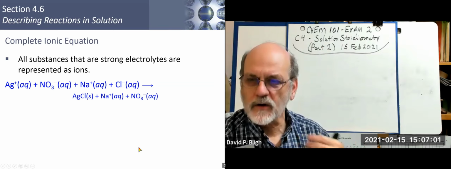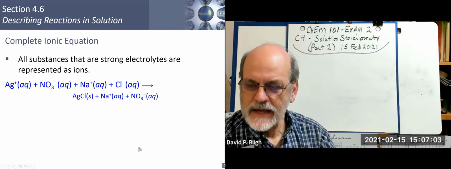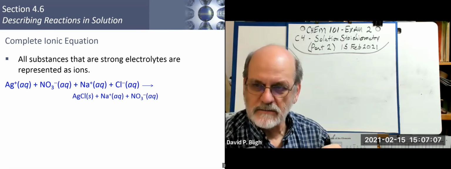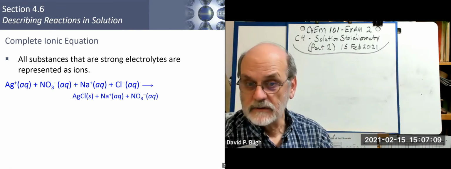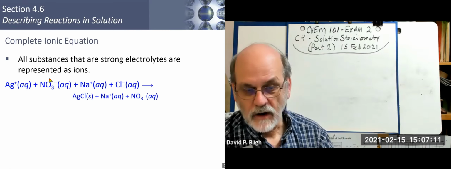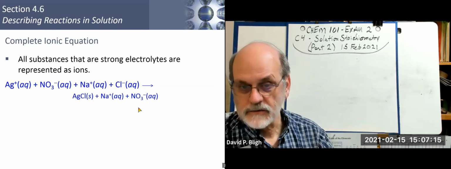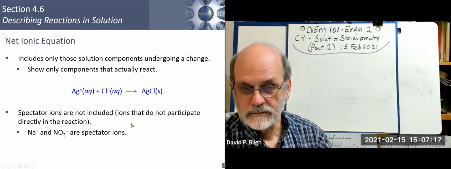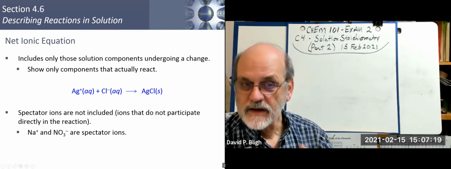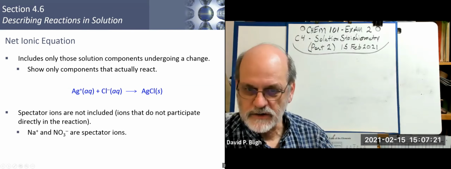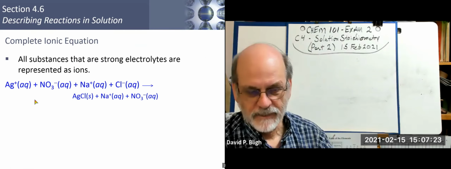Now, what do we know about equations that have equal species and numbers on both sides of the equation? If you want to, you can cancel them, right? If it's here on the going in side and here on the coming out side, just cross a line through them. And what you get is the net ionic equation. Let's look at that again.